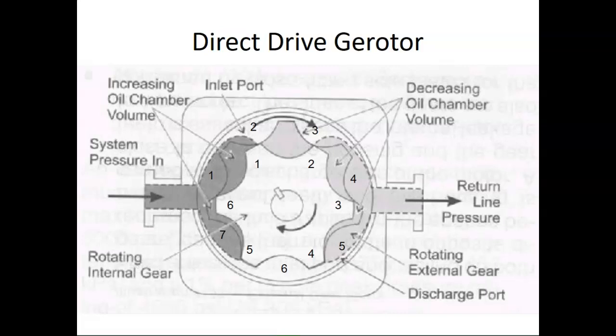So the way this works is as the fluid comes in, this thing is spinning one way. Okay. You have the pressure coming in here and it has less pressure on the output line. So thus it is spinning towards the output line.